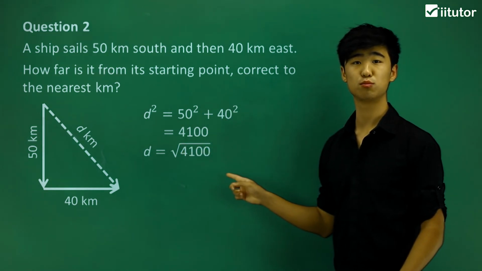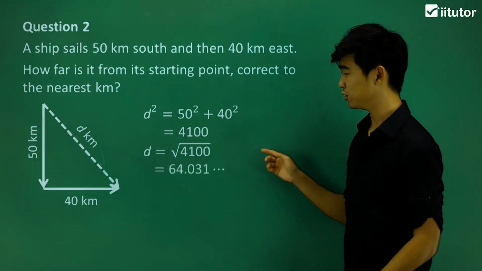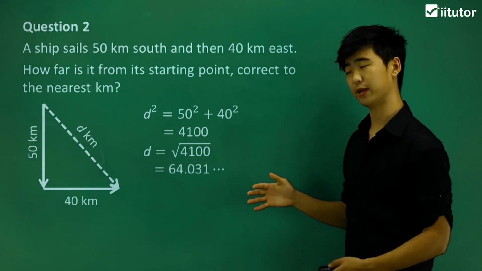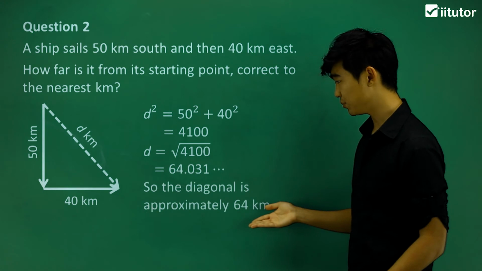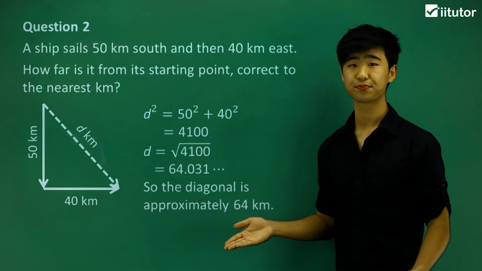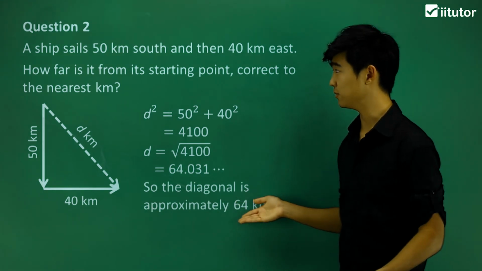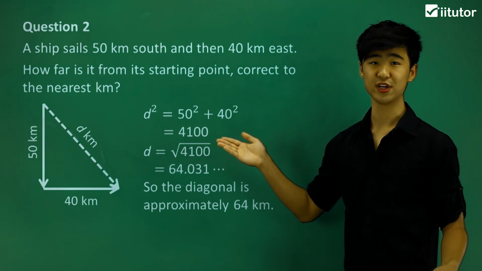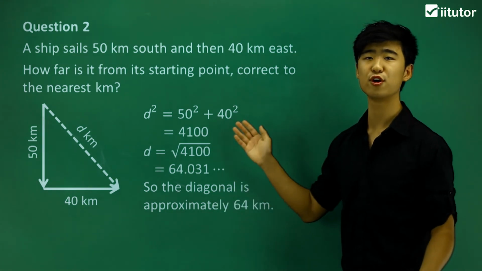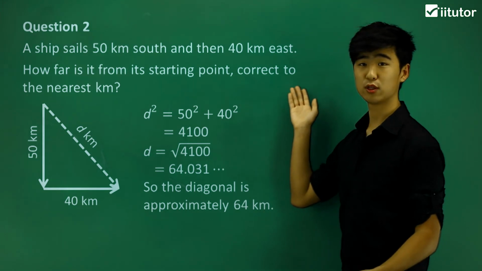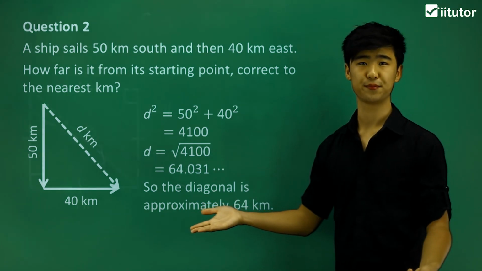So put this into your calculator, and you should get something like this: 64.03, and so on. To the nearest kilometer, it should be approximately 64 kilometers. So this is how we answer the question. And it's very important that we read the question to see what they want to know.